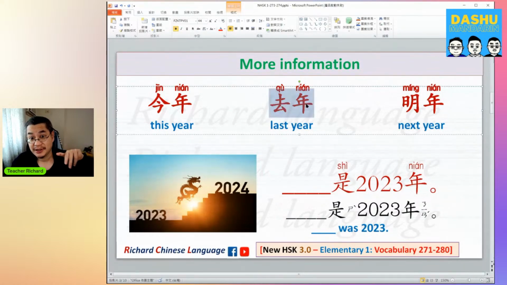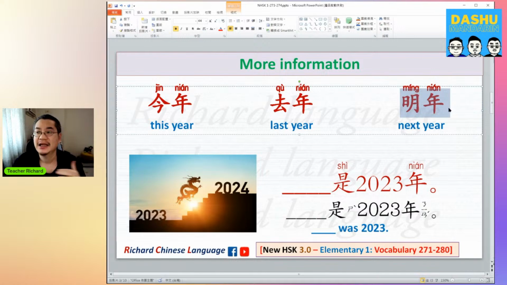So last year has gone. So we say 去年, like gone year in Chinese. 去年, last year. 明年, 明 actually means tomorrow. So it's like tomorrow's year. Next year. 明年.